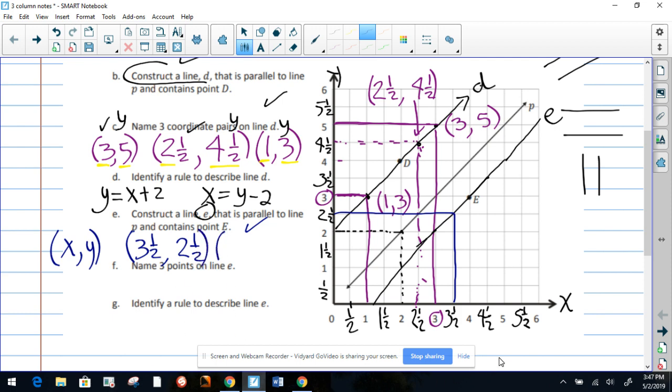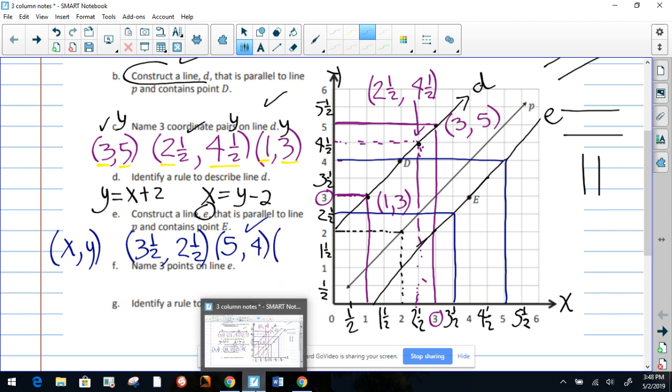Now let's look for another point. How about here? When x is 5, y is 4. So when x is 5, y is 4. Now we need one more point.